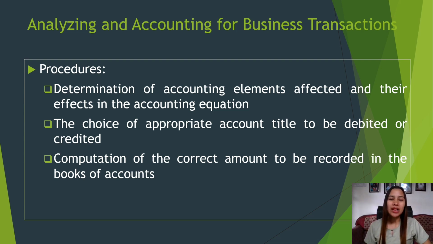For example, if the asset element is the one being affected, what particular account title should be used to record or to account for that transaction? And then another one, what other element? Say, for example, the equity, what particular account title should be credited or debited?